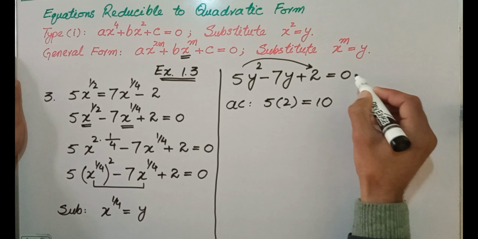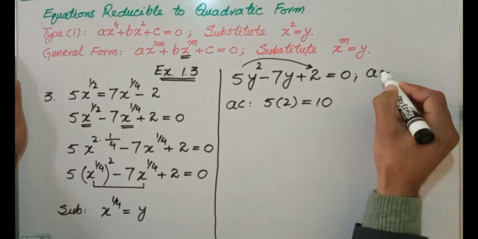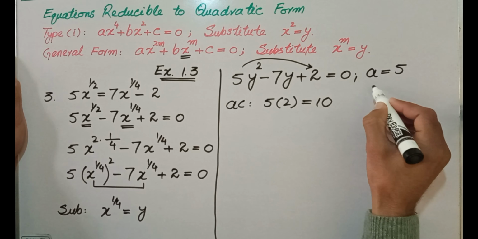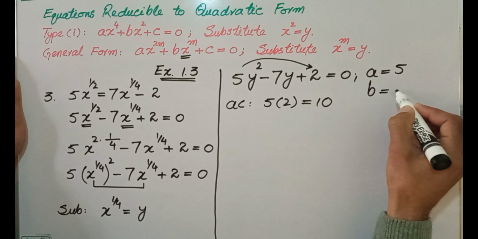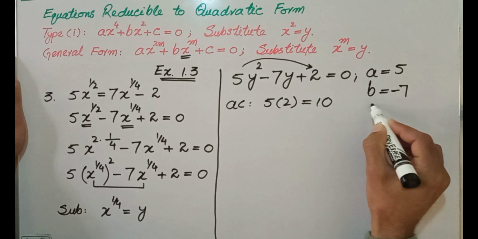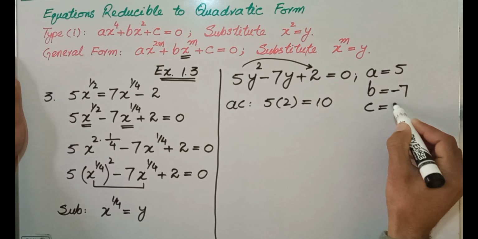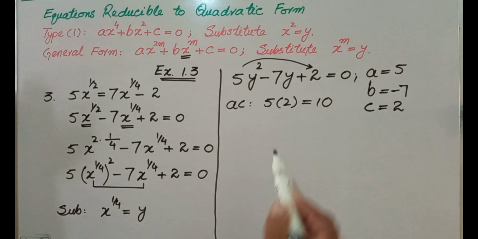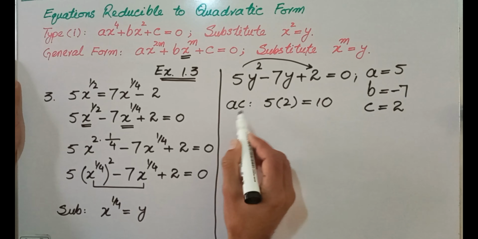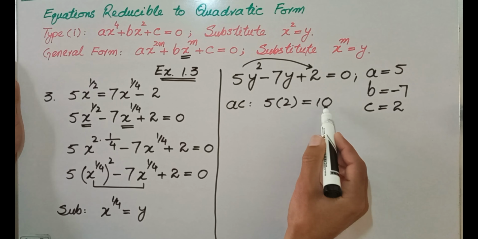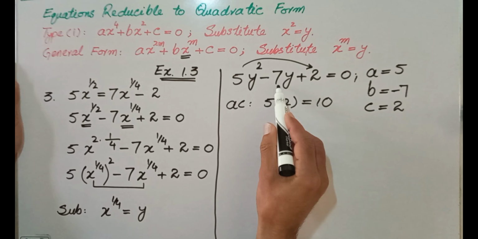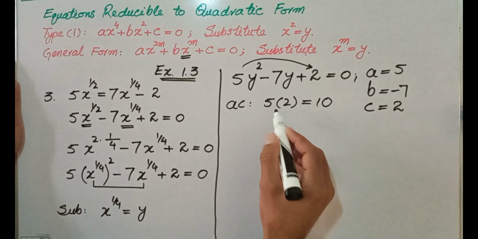Already you know that in this case A is equal to 5, B is equal to minus 7, C is equal to 2. Now we will find two numbers whose product is 10 and whose sum is minus 7.